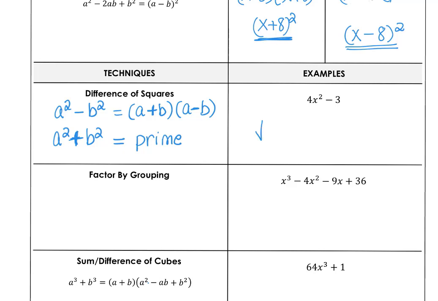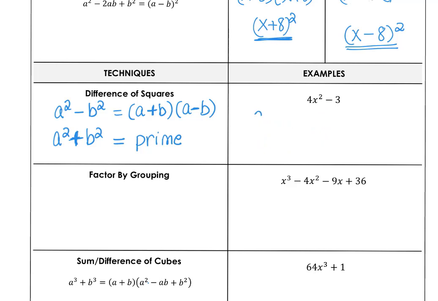So when we think about factoring in Algebra 2, the difference of two squares, you can think of taking the square root of each of those terms. So this is my a term in our rule over here, and this is my b term in our rule. And if you take the square root of 4x squared, you're going to find that 2x is the a term.